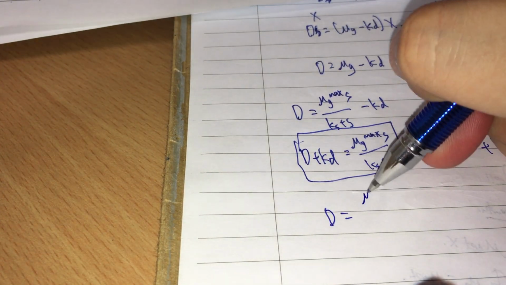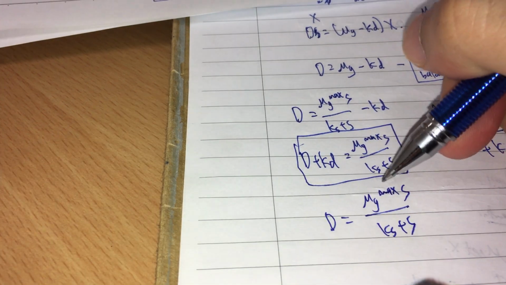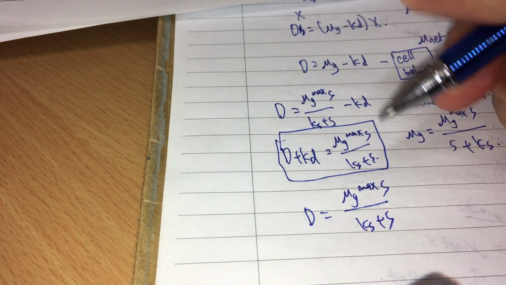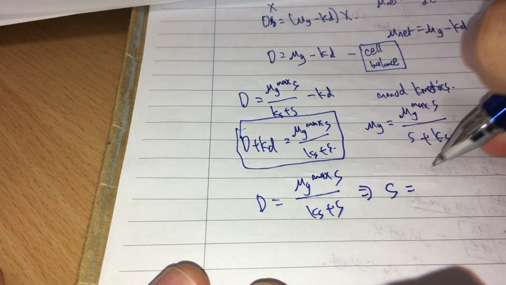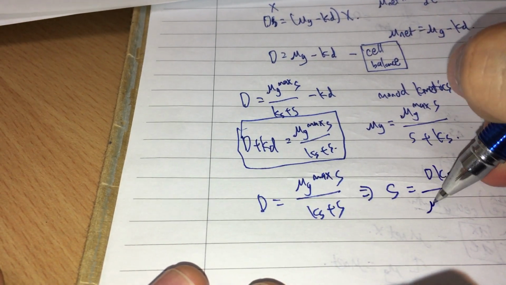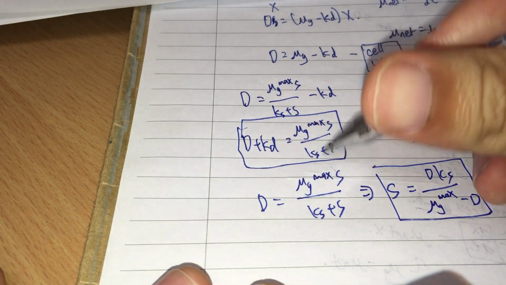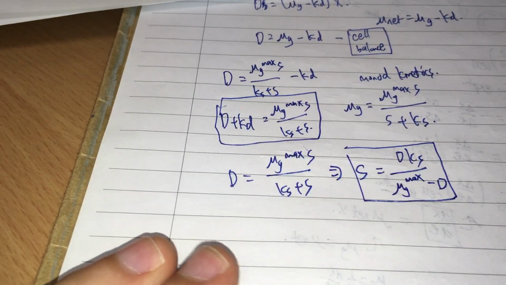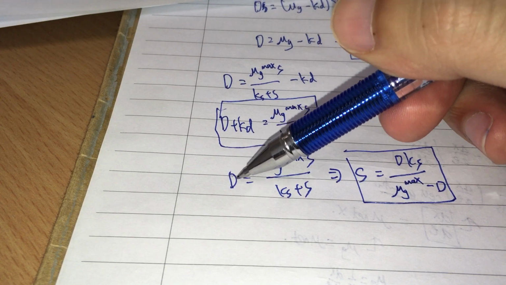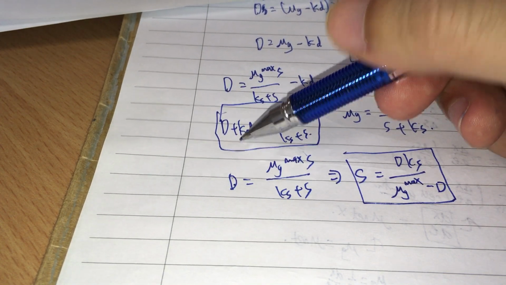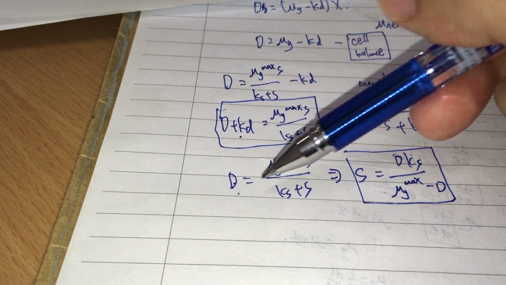D equals mu g max S over Ks plus S. Alright, this is ignoring death rate. We can see that the substrate concentration S equals D Ks over mu g max minus D. So this is after arranging. And you can see these two actually look very similar. So instead of having D, we have D plus KD. So wherever there is D here, you just replace it by D plus KD.